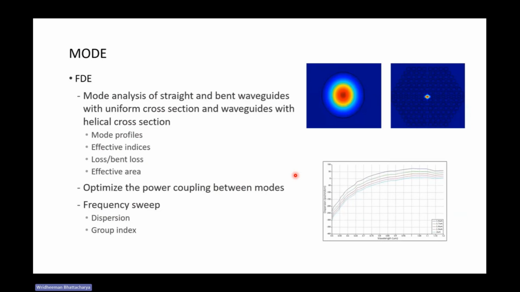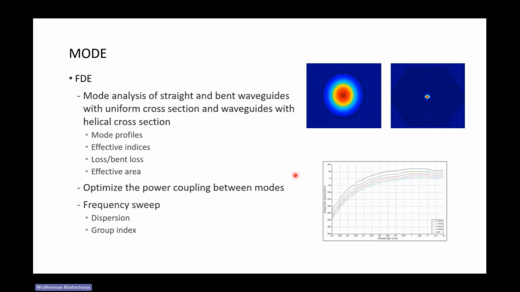What parameters? Such as the mode profiles, the effective indices, the loss or bend loss, and the effective area, along with optimizing the power coupling between the modes. So basically, if we have directional couplers, we can optimize the power coupling here, and also do the frequency sweep for dispersion and group index.